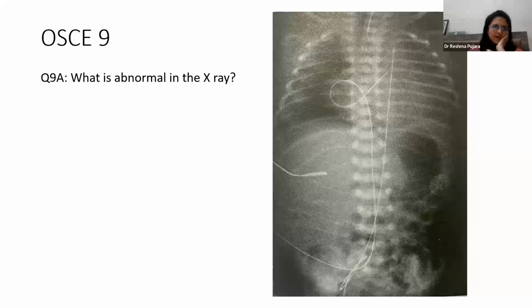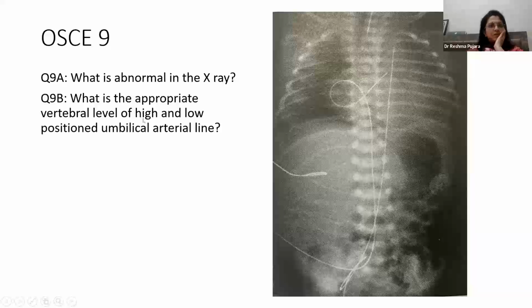So you all are good at your lines. Fine. I would move on. So you all are right that the looped one is UVC, and the one which is straight is UAC, and the UAC is at T2, and UVC is in the heart. Now, next question is, what is the appropriate vertebral level of a high and low positioned umbilical arterial line? Somebody's written T6 to T9, L3, L4.